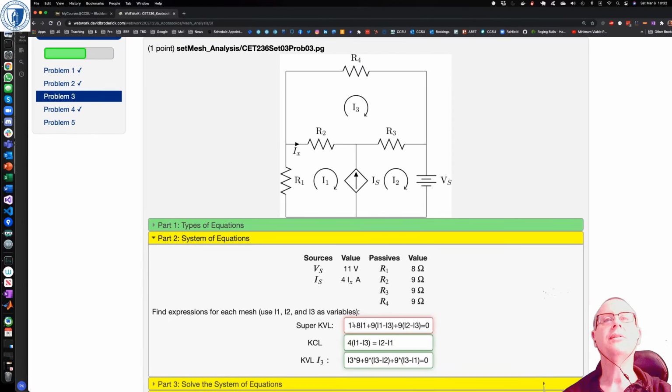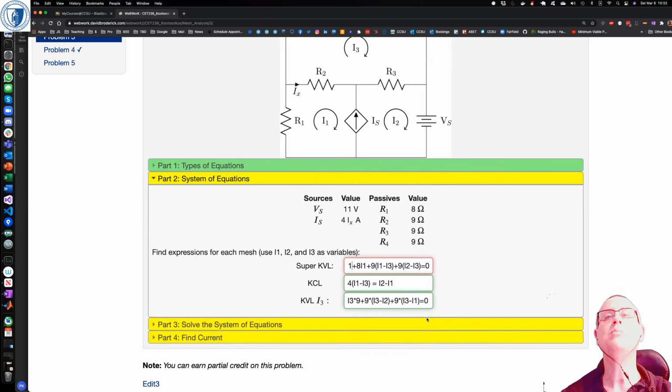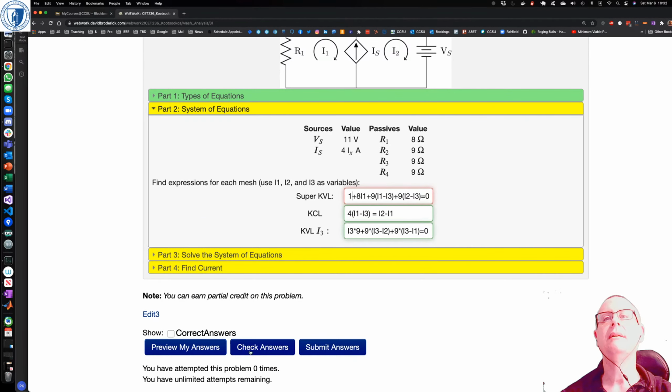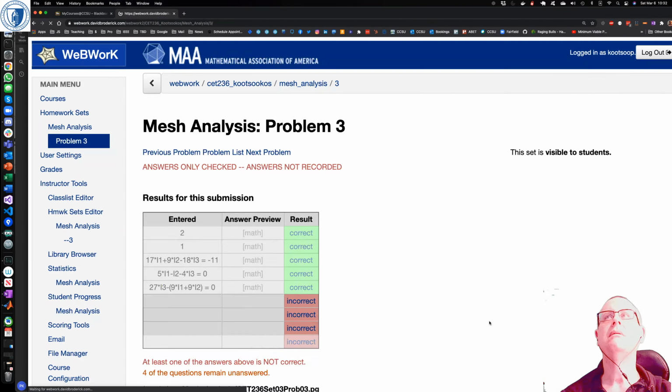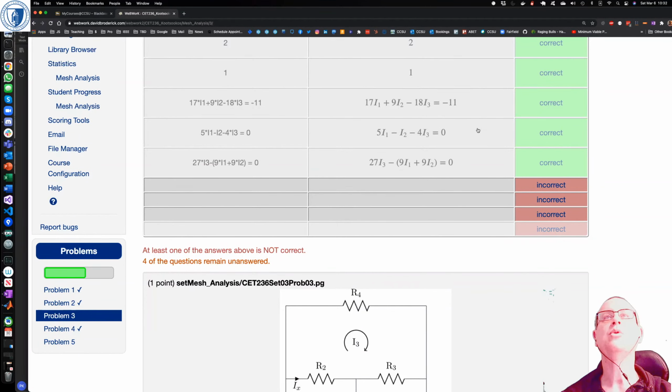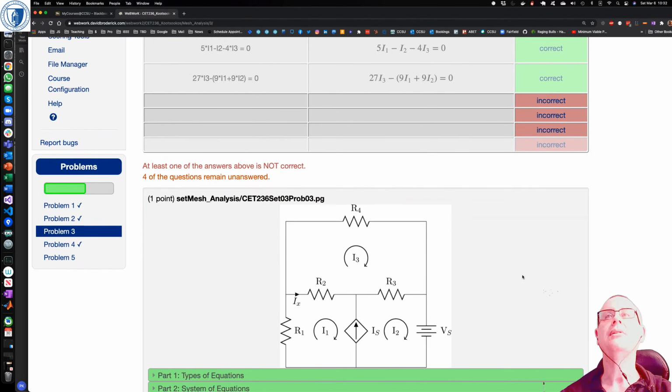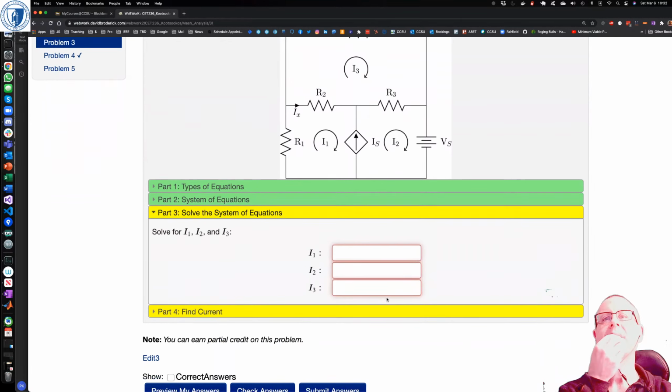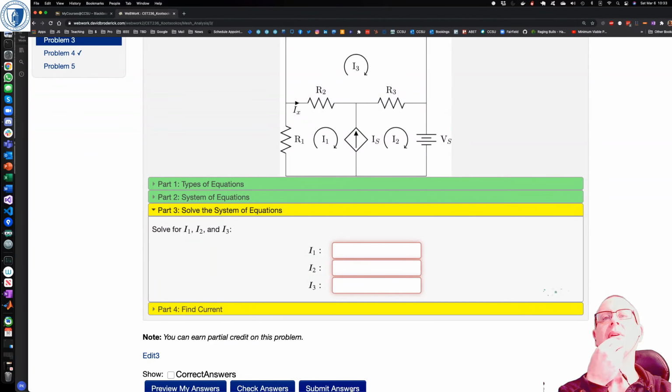So there's an 11 plus 8I1 plus 9 times I1 minus I3 plus 9 times I2 minus I3. And hopefully that's right. Yep. And again, it's reorganized it for me, which is kind of nice of it. So I'm going to submit those answers so far.